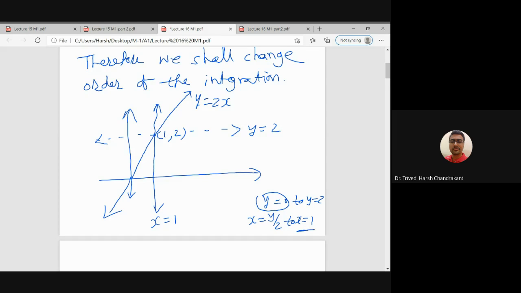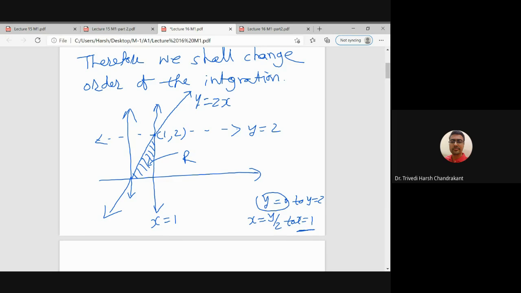And between x equals y by 2 to x equals 1. So that means our region essentially is this triangular region, and this is our region R.